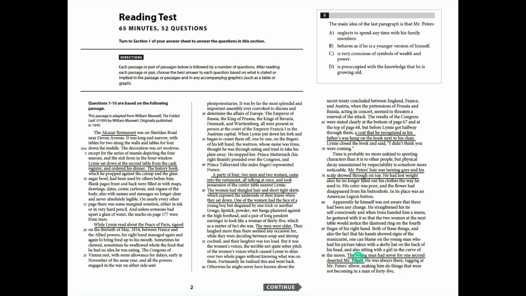Okay. So the first sentence here, apparently he himself was not aware that there had been any change, which means that he's acting as much younger, as if he was a younger man, and ignoring the fact that he's getting old and is shriveling up.